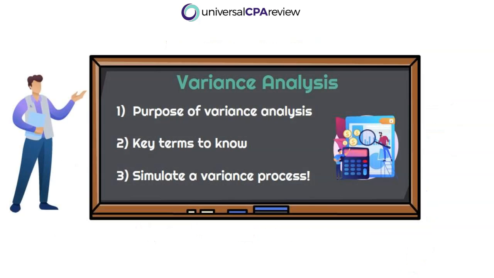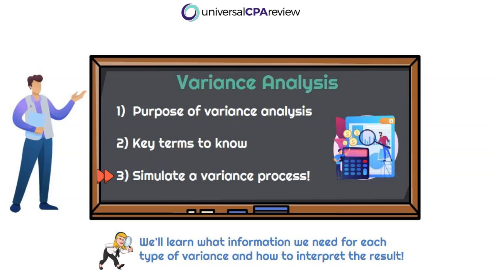So real quick, what is the roadmap for this lecture? Well, we're going to talk about the purpose of variance analysis at a high level. We're going to talk about some key terms that we need to know. And then we're going to actually go through each variance and simulate a process. Right? So we're going to have a bunch of manufacturing variance information. It's going to be a big list.